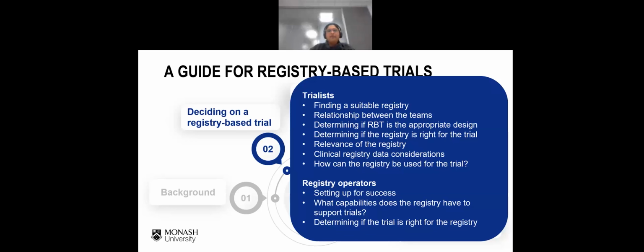So for this section, for example, for trialists, it addresses topics such as finding the right registry or building a relationship with the registry team, determining if it's an appropriate methodology for your trial. And then for registry operators, it discusses, say, characteristics that support trials or determining if a trial is appropriate for a registry.